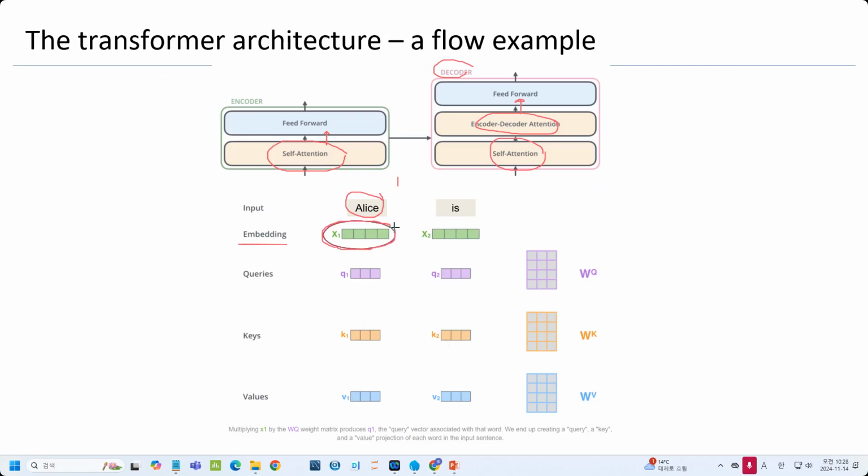After we have an embedding, we will need a query, which is a matrix, and then we will multiply with K, which is a matrix, and we will multiply with V. This is also another matrix. The same with another word, let's say "is": we will create the embedding, we have another query, we have K, and we have value, and then we need to calculate this. So we will create a weight of Q, weight of K, and weight of V.